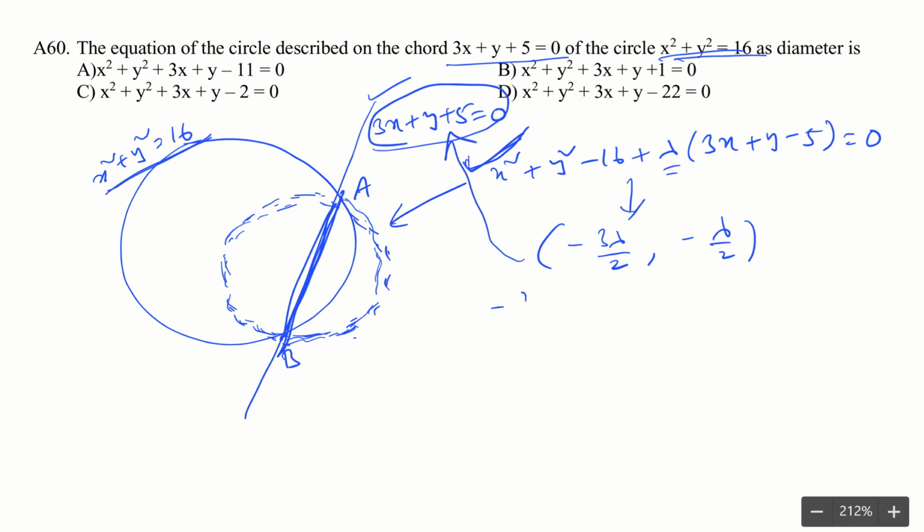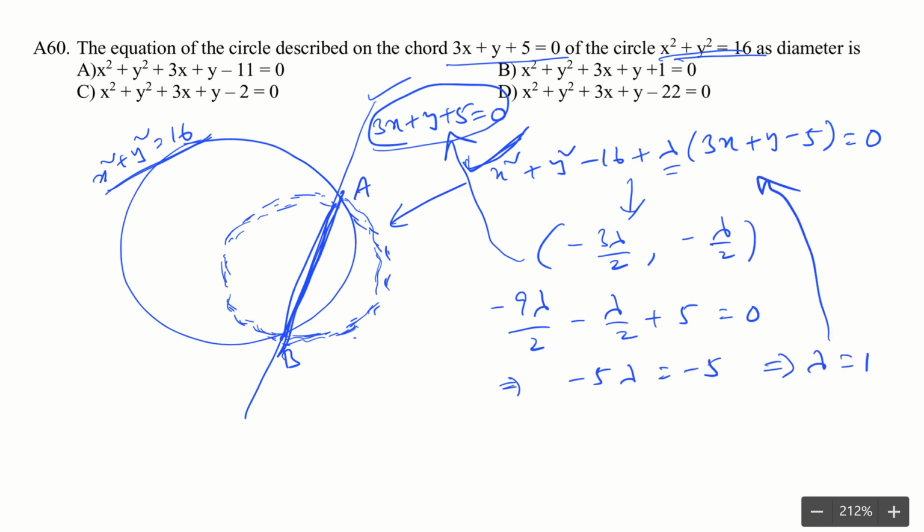So I have minus 9 lambda by 2 minus lambda by 2 plus 5 is equal to 0. I am getting minus 10 lambda by 2, that is minus 5 lambda plus 5 is equal to 0. So I have lambda is equal to 1. Substituting the value of lambda here, you get your circle equation. Let's go to next problem. Sorry, here it is 3x plus 5 equal to 0. Okay, go to next problem.